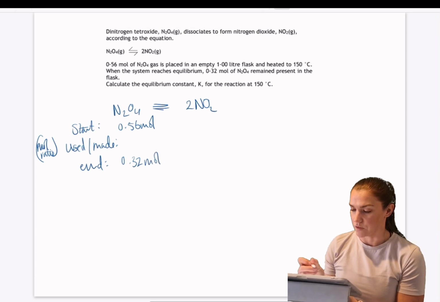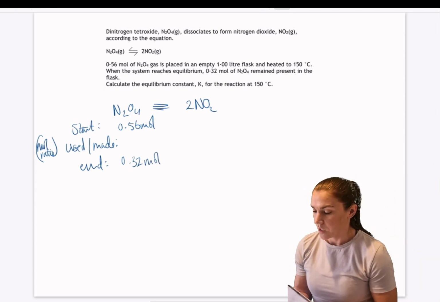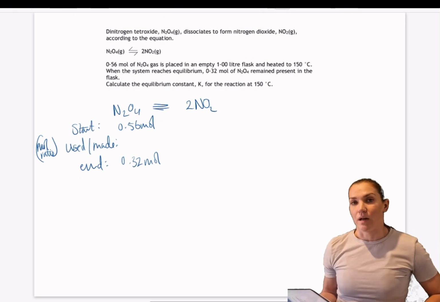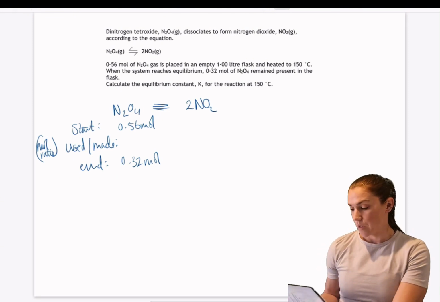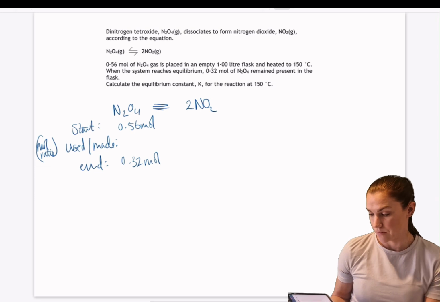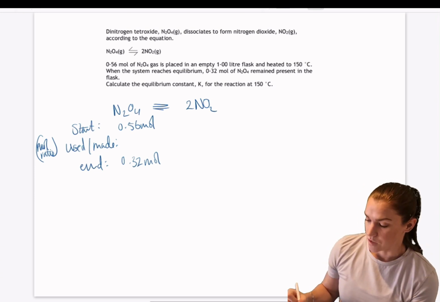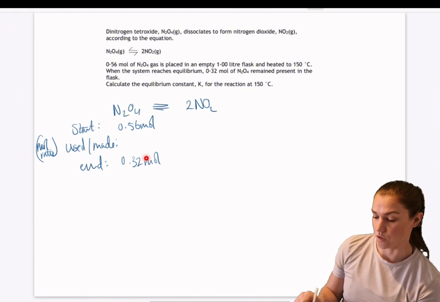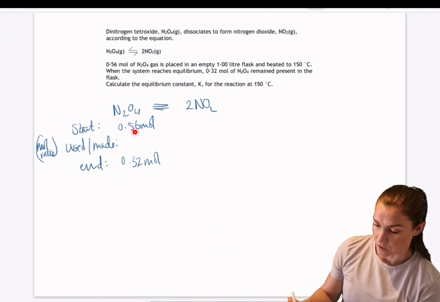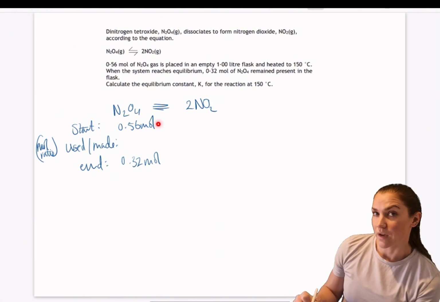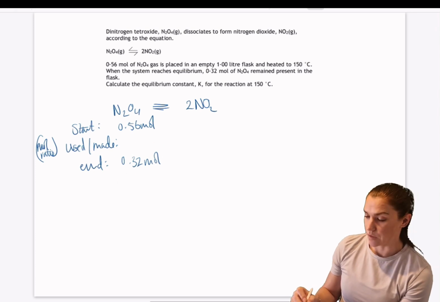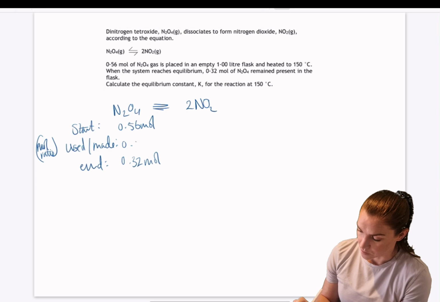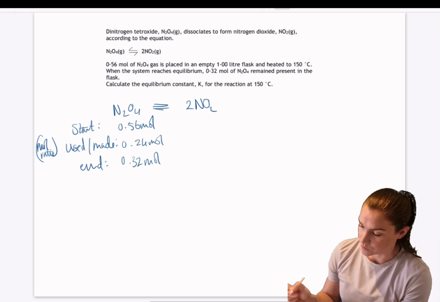0.32 moles of N2O4. So you can see this one is a bit different because we don't have how much product we made or how much product there is at equilibrium. We only know how much of the reactant is left, but we have enough information to work out how much of our reactant was actually used up. So again, we just do a subtraction. 0.56 take away 0.32 gives us 0.24 moles.